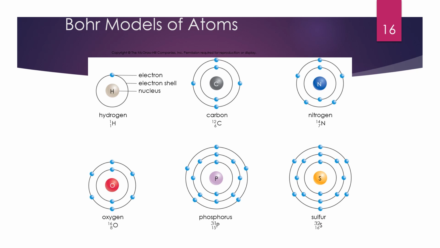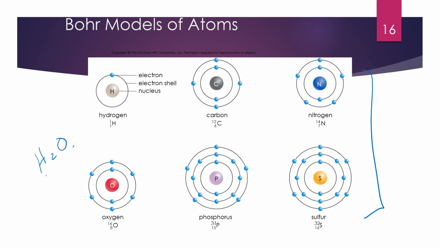Again, I already showed you this. These are the 6 most common atoms and their models. What we're going to talk about in the next PowerPoint is chemical bonds. So atoms can join together and form molecules, like for example, water.